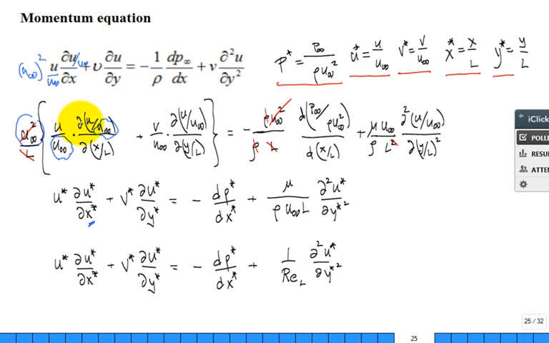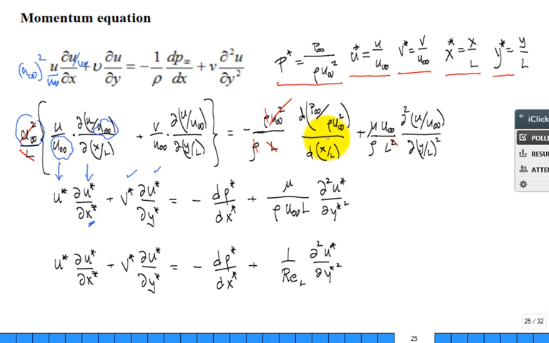And then in the numerator, the derivative with respect to u asterisk or u star, and then it's multiplied by u star. It's changing the variables. Do you see how that one was done? That's one way of describing it. There's other ways of describing it. Likewise, you would have the same u infinity squared, and then you do it with v asterisk, u asterisk, y asterisk. Okay, how about for the pressure?